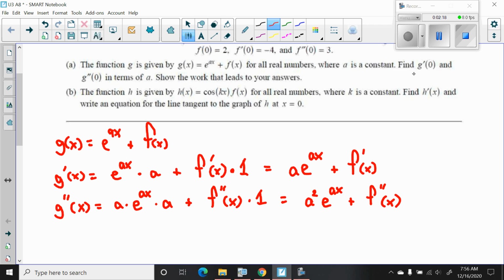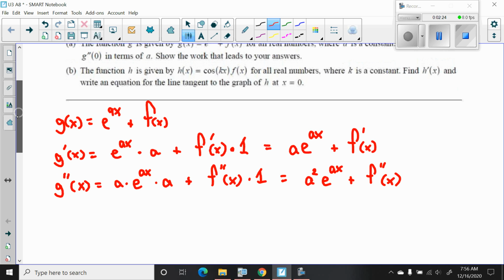Find g prime of 0 and g double prime of 0 in terms of a. All right. So g prime of 0 just means we're going to plug in 0 into this function, so for everywhere there's an x. So it'd be a times e to the a times 0 plus the f prime of 0.